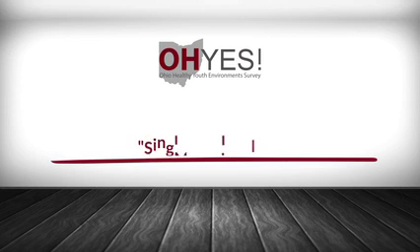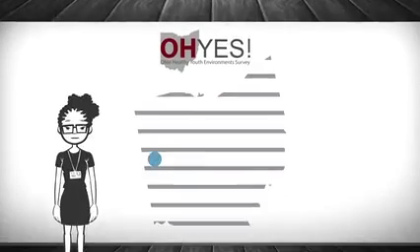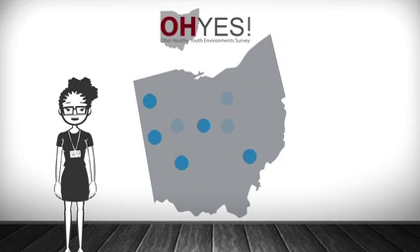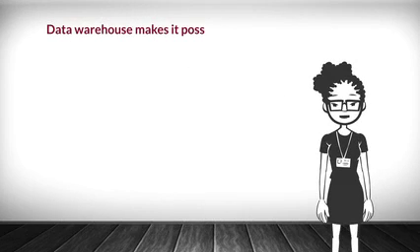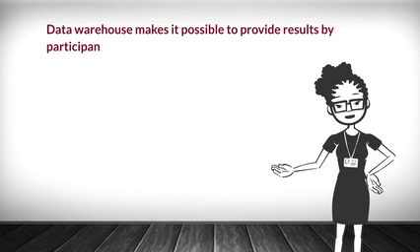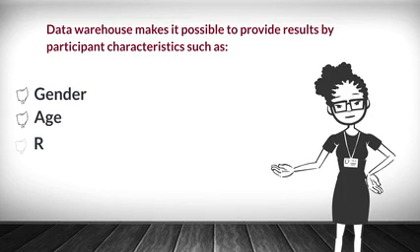Database. Single-choice items. While the reports display tables for all students within a particular area, for example, county or district, the data warehouse makes it possible to provide results by participant characteristics, such as gender, age, race, or grade.